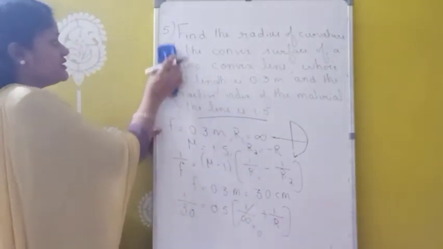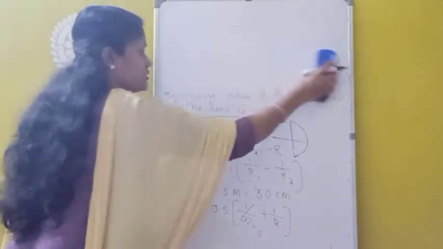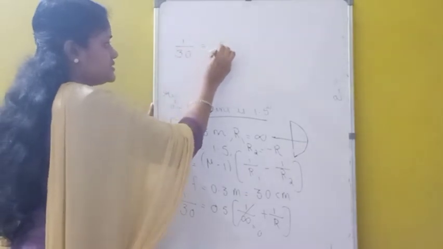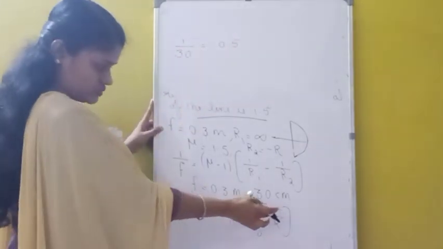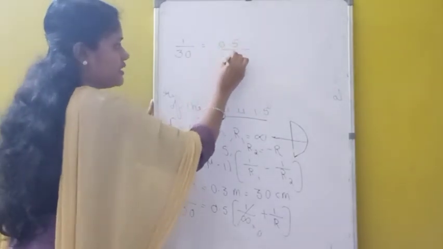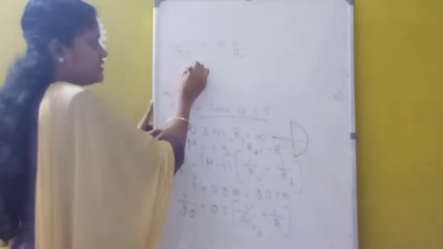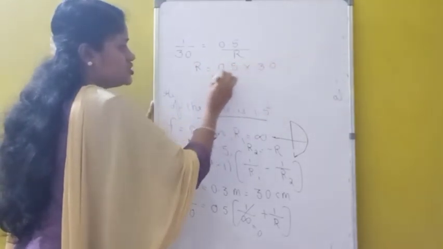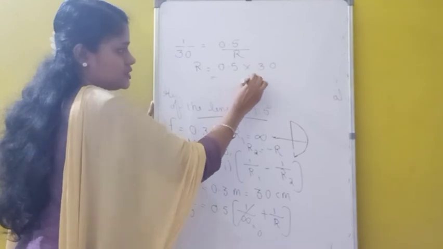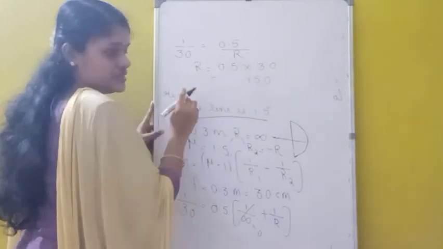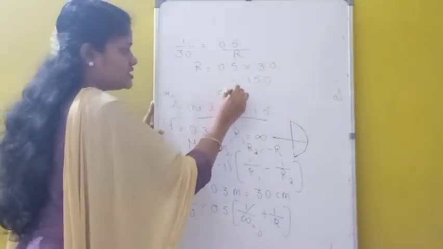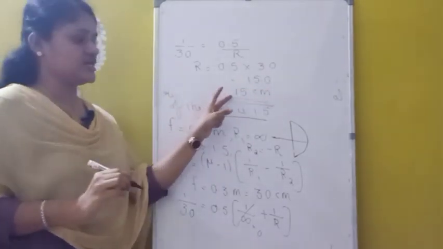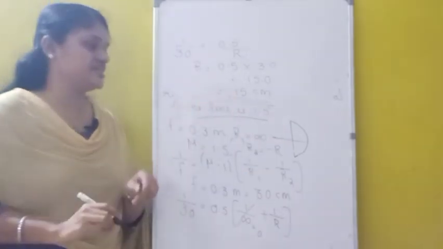Remaining we have 1/30 equals 0.5 into 1/r. Now cross multiply: r equals 0.5 into 30. 5 into 3 is 15, and one more 0 so the decimal comes. That is equivalent to 15 centimeter. So the radius of curvature of this convex surface is 15 centimeter.